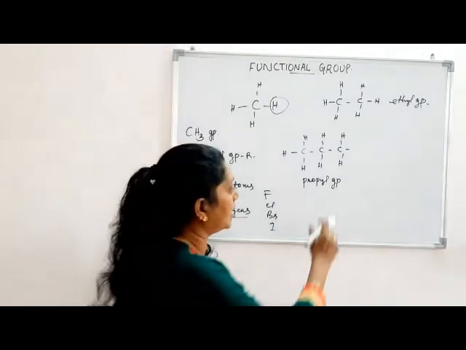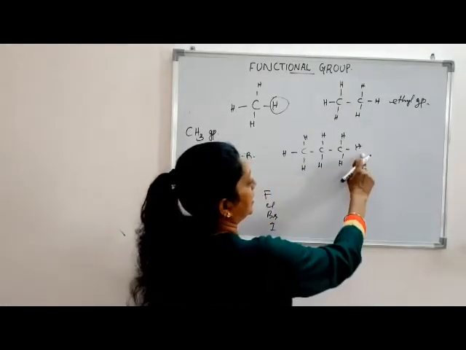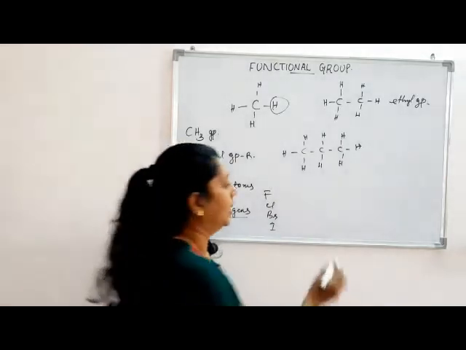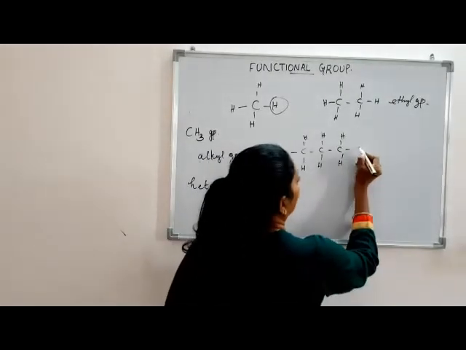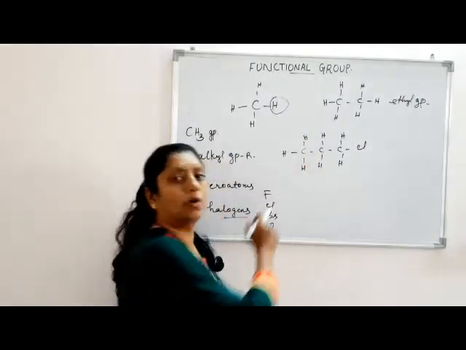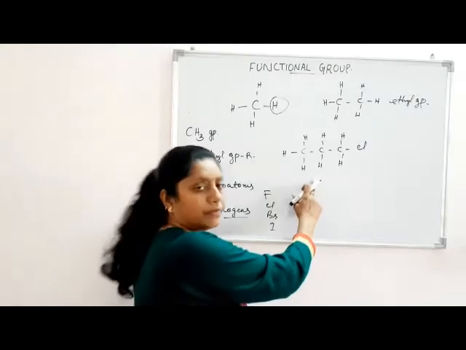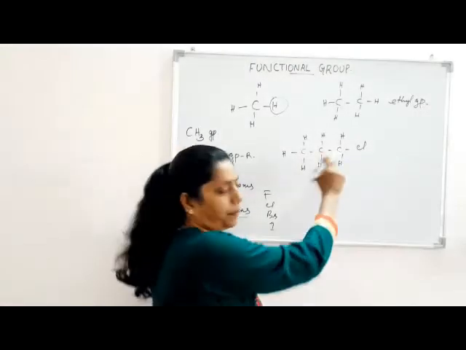So, halogens can replace a hydrogen atom from a hydrocarbon, and if the hydrogen atom is removed and a chlorine atom takes its place, then a new compound is formed. It is different from the parent hydrocarbon. The parent hydrocarbon was propane.